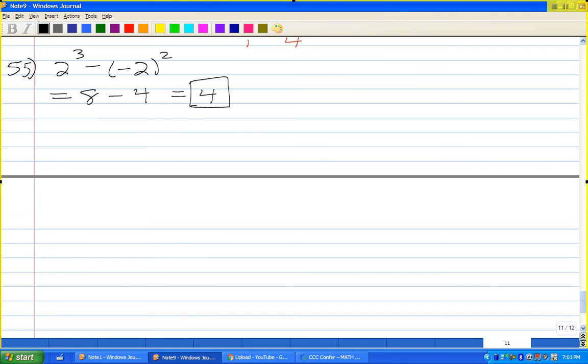Problem 57. Minus negative 2 cubed minus 4 cubed.